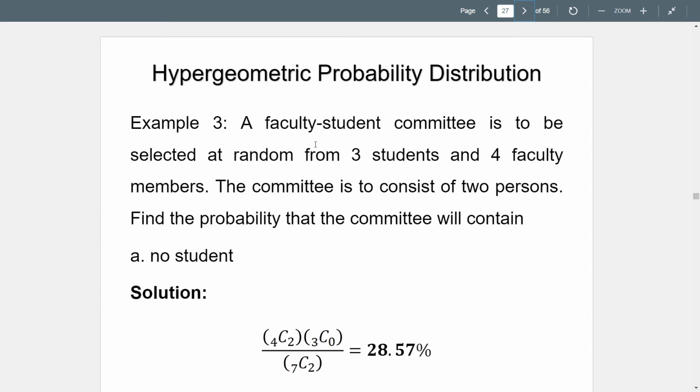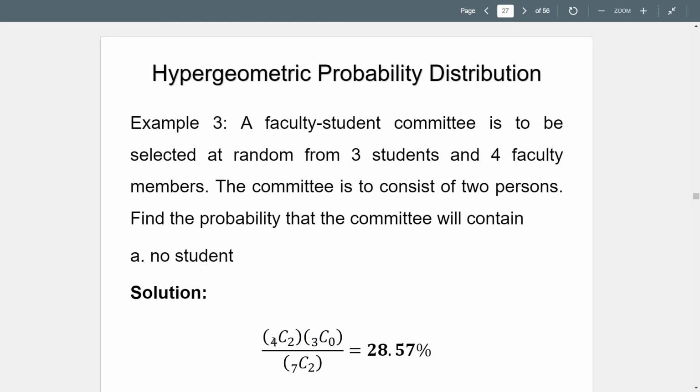A faculty student committee is to be selected at random from 3 students and 4 faculty members. The committee is to consist of 2 persons. Find the probability that the committee will contain no student. There are 3 students, so that will give us 3C0 and then 4C2, since it contains 2 persons.